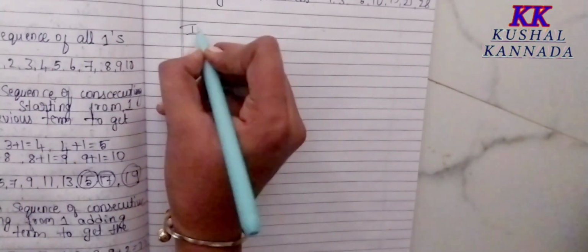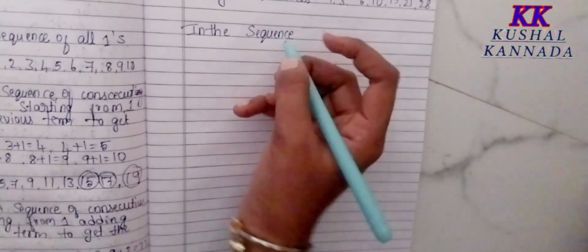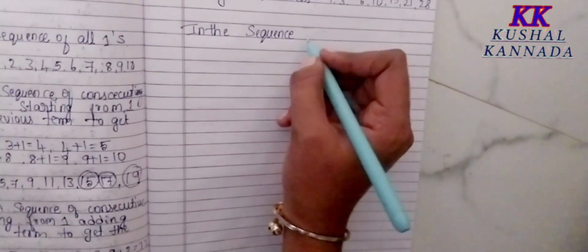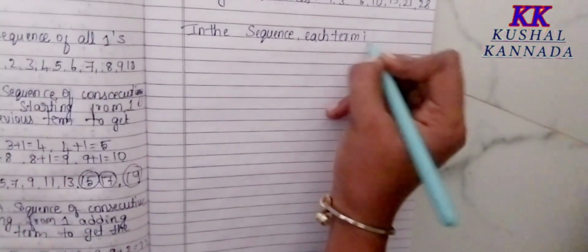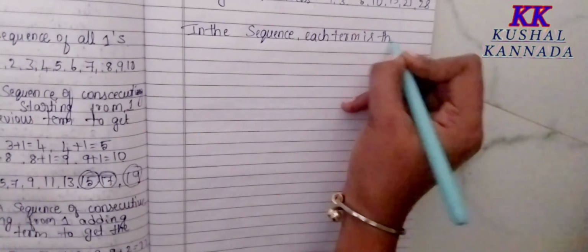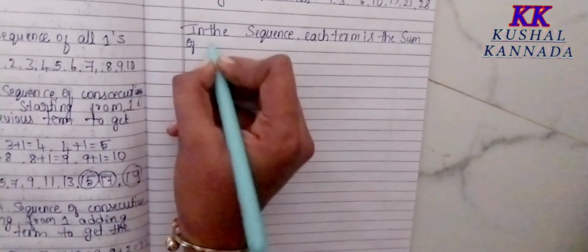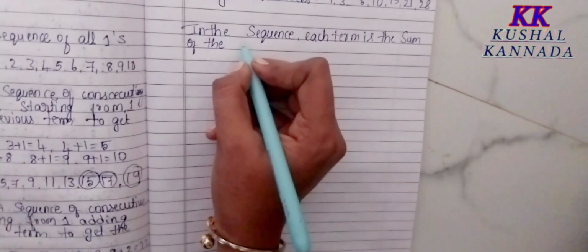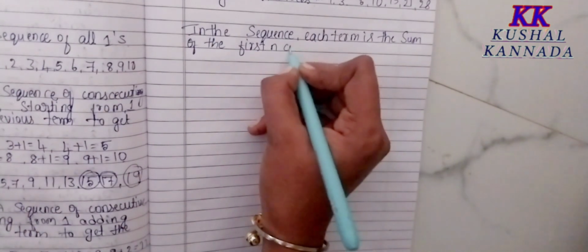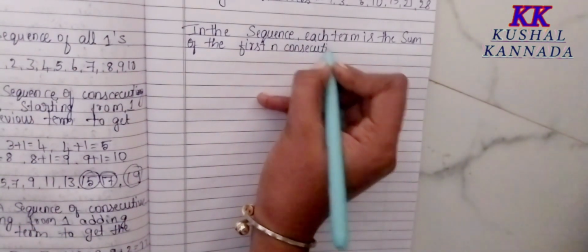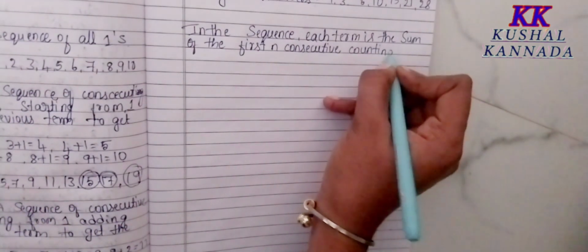In the sequence, each term is the sum of the first consecutive counting numbers.